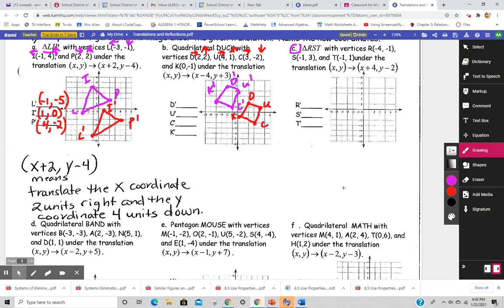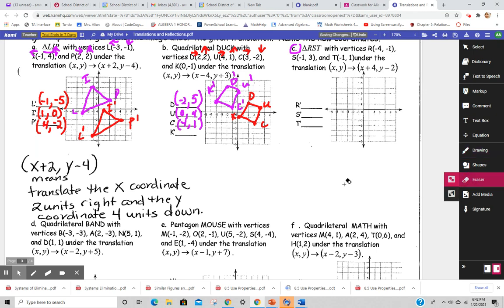All right, let me put the points, the new ordered pairs. D prime is located -2, 1, 2, 3, 4, 5. U prime is located right here, so it's going to be 0, 4. C is located at -1, 1.